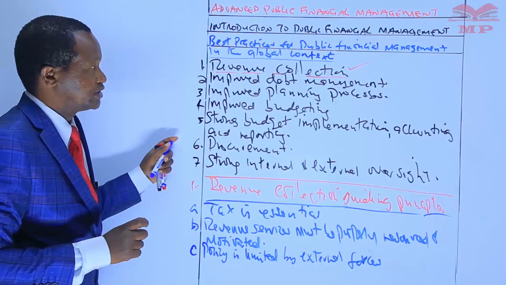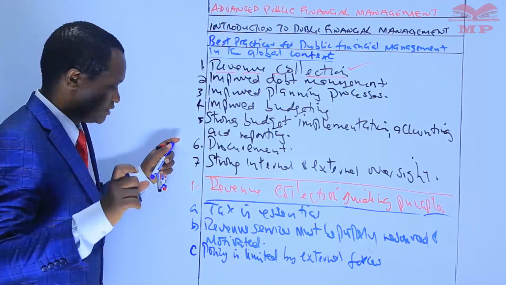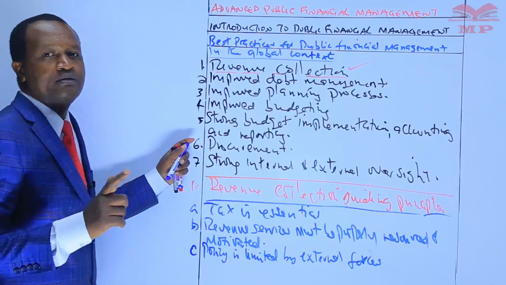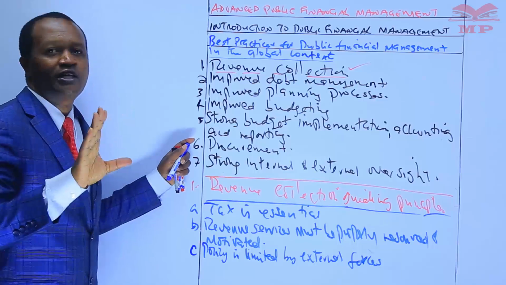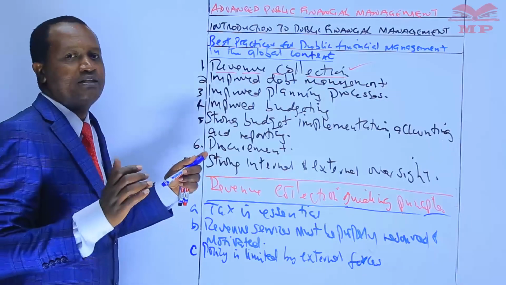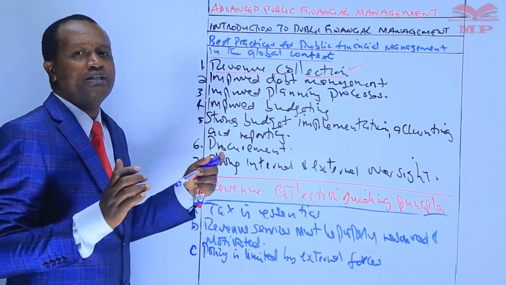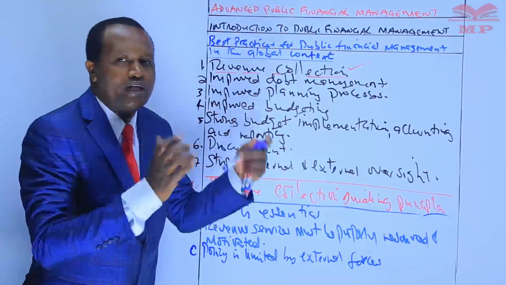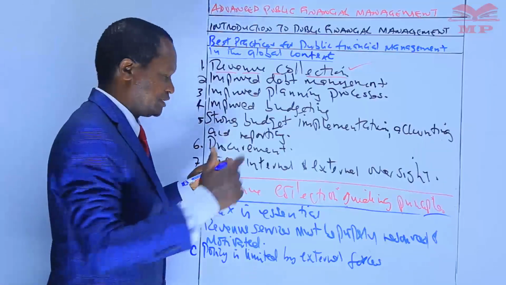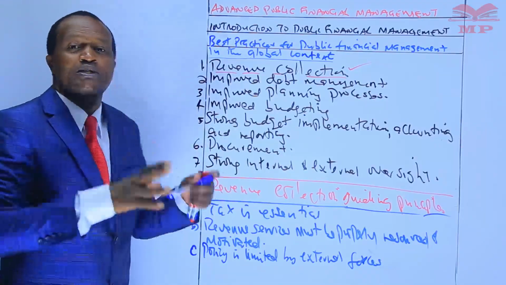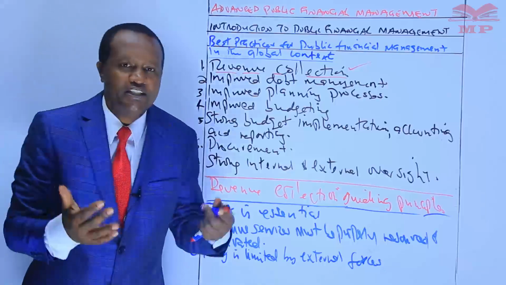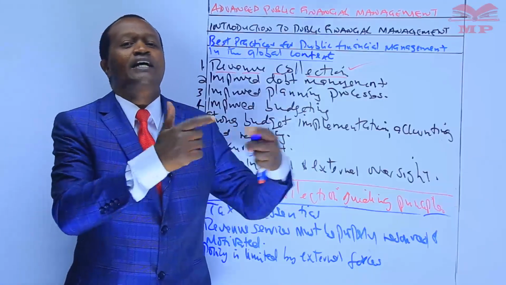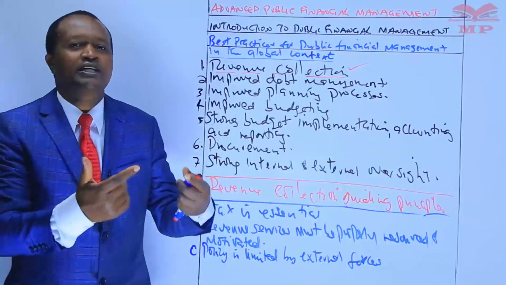Do you understand? That's a best practice, that policy is limited by external forces. Meaning that in a globalized world, government's choices are less about the tax rate than about the efficiency with which the tax is collected and the reach of the tax base. That means what is more important is the efficiency with which the tax is collected and the reach of the tax net, and not the rate.